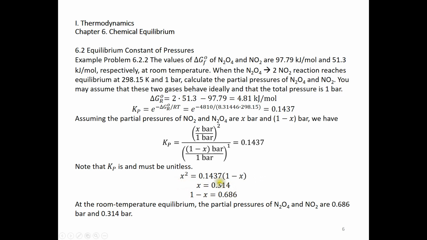You may wonder, this is a quadratic function, we should have two roots or two solutions. Well, this is one of them, the other one is negative, and we cannot have negative pressure. So this is the legitimate solution to the problem. Now at room temperature, if the total pressure is 1 bar, then the partial pressures of N2O4 and NO2 are 0.686 bar and 0.314 bar.